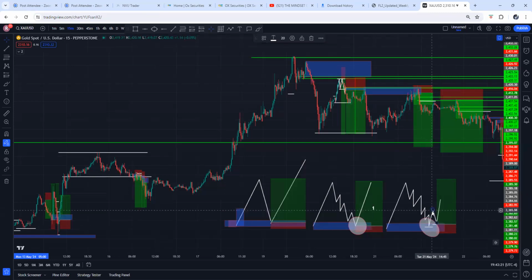We wait for price to break structure, so we wait for a previous high to be taken. Then when it pulls back, we enter at this point. You will see price push up, pull back down, and then we take the entry for the buys up.